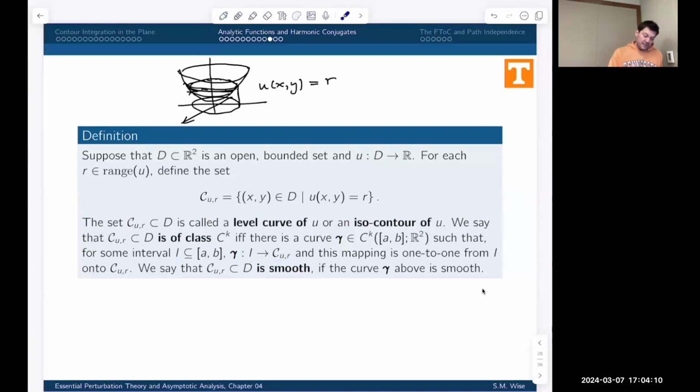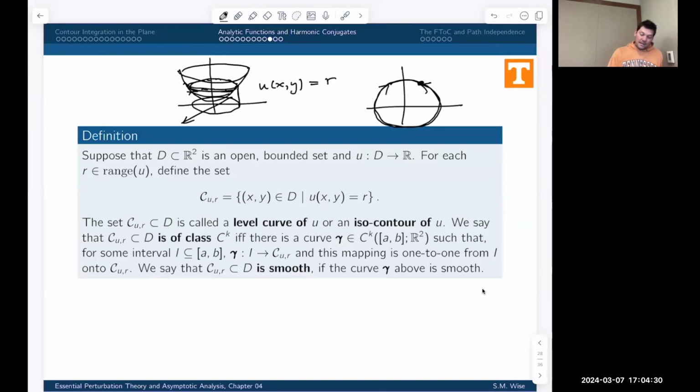So basically what this means is, if I have a curve which represents a contour of some function, like that, we're going to say that that's smooth of a certain class as long as there's a gamma that maps into that, and gamma has that smoothness property.